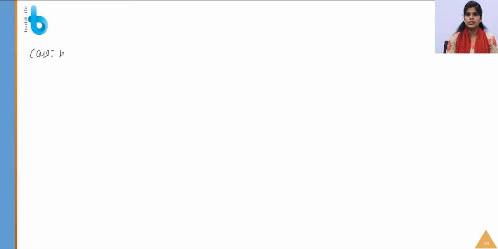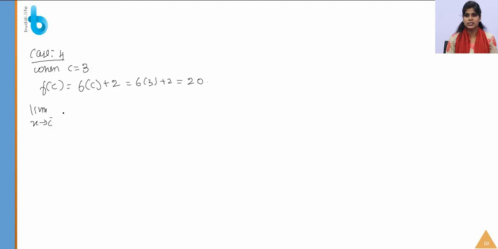Okay. Case 4, when c equal to 3, then f of c equal to, what is the function? 6x plus 2, right? 6 into c plus 2, 6 into 3 plus 2, 6 threes are 18 plus 2 is 20. Now we will just see the left hand limit, that is limit x tends to c minus, that is to the left of 3, f of x is equal to limit x tends to 3, to the left of 3 what is the function?